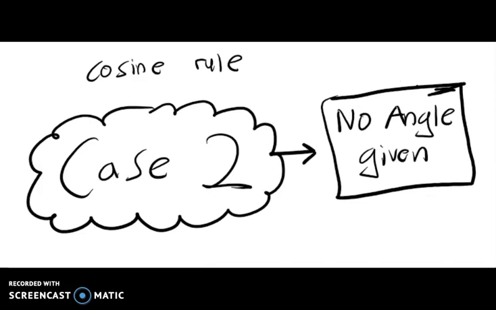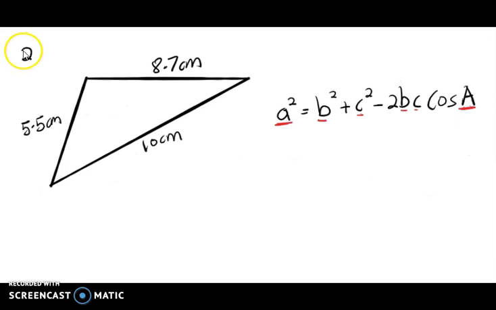Now let us look at the question. This is the second question for the second case. You can see here there is no angle given, only lengths. So let's say the question is to find the angle x.